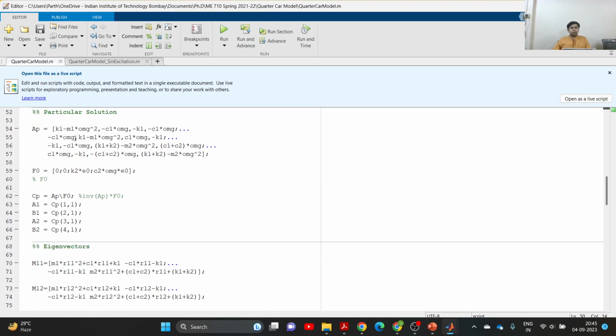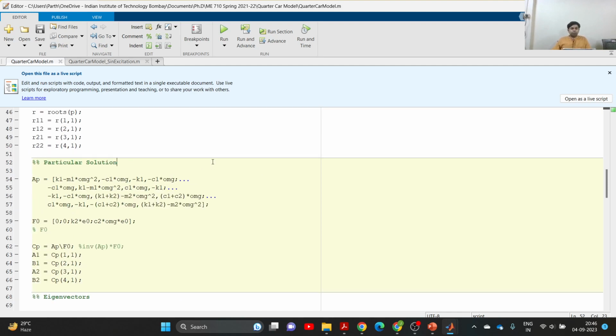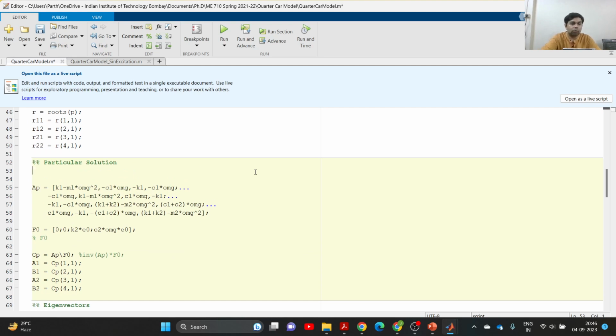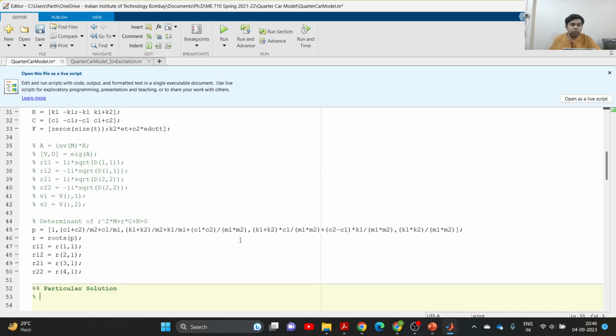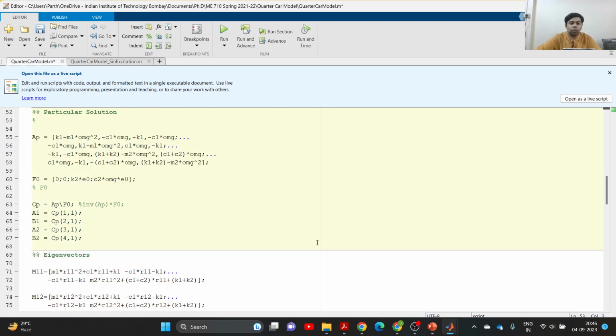And now if we turn to our particular solution, we will get it by assuming a solution of the form a1 into sine omega t.